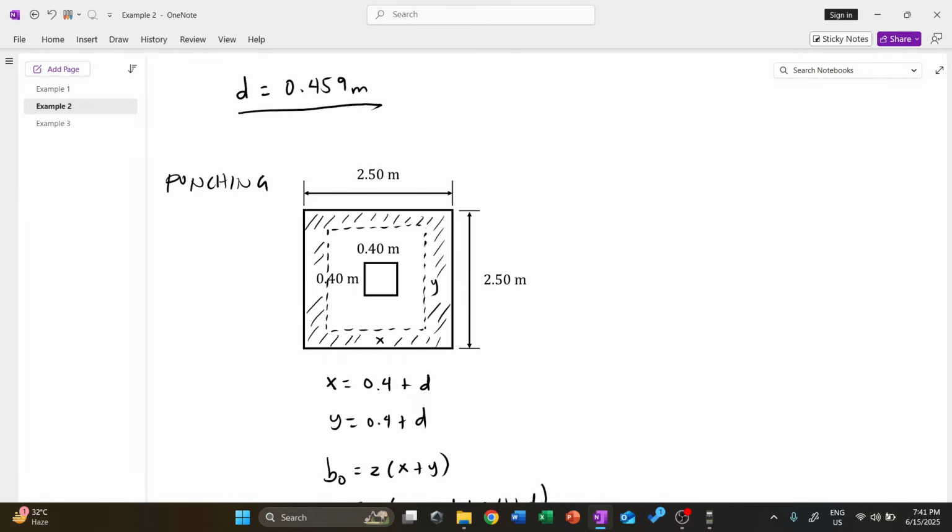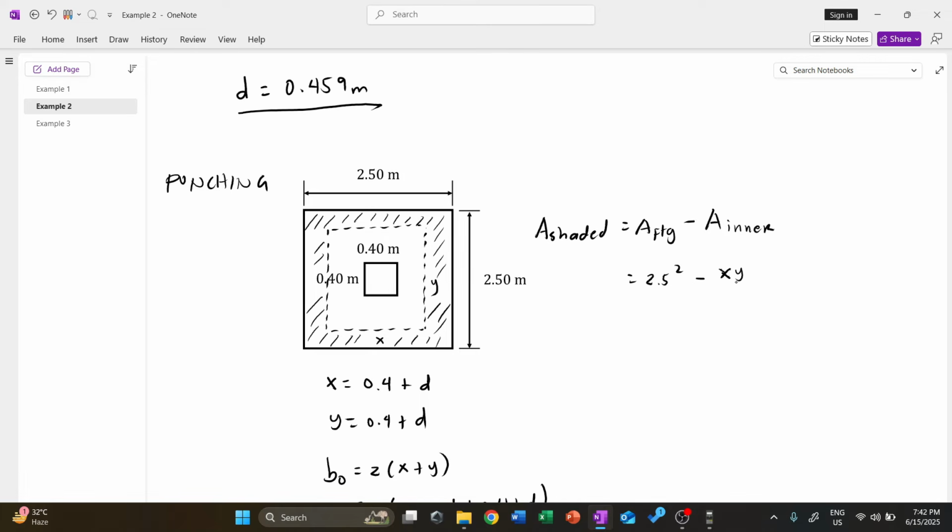Now, to get the shaded area, this is simply the area of the footing minus the area of the inner. What is the area of our footing? That is 2.5 square, less the inner, which is simply x times y.